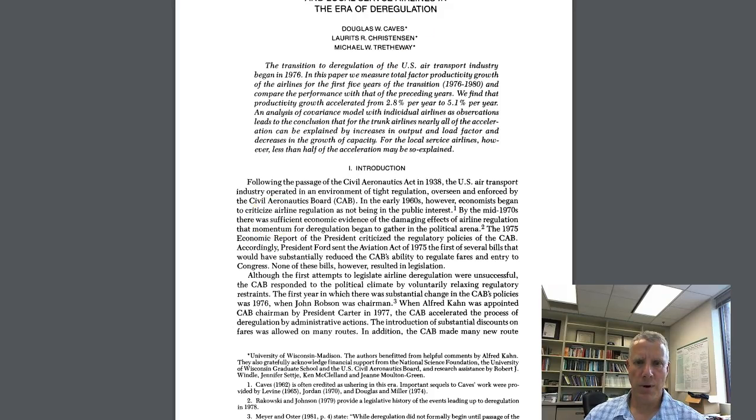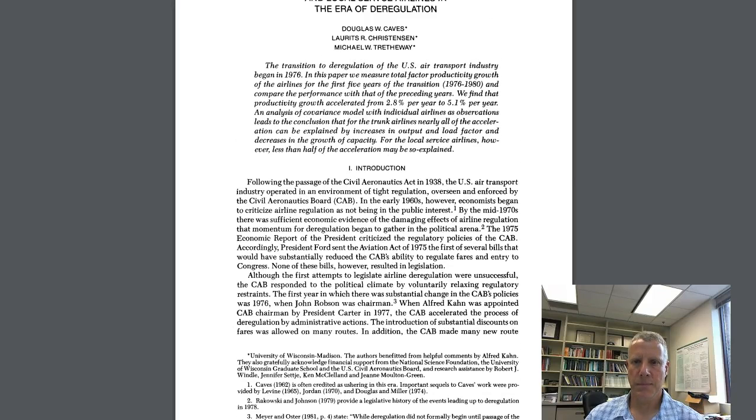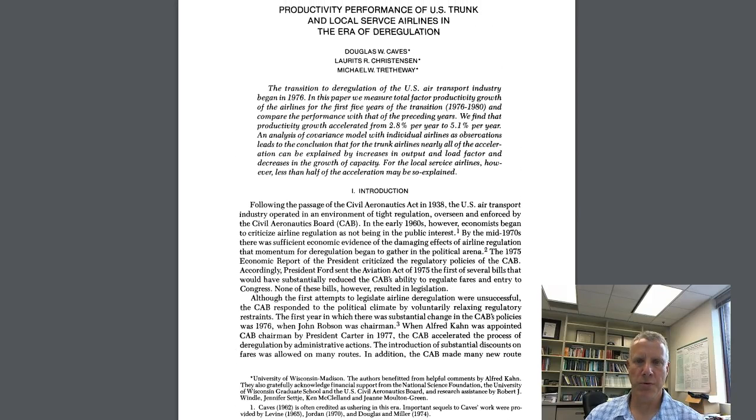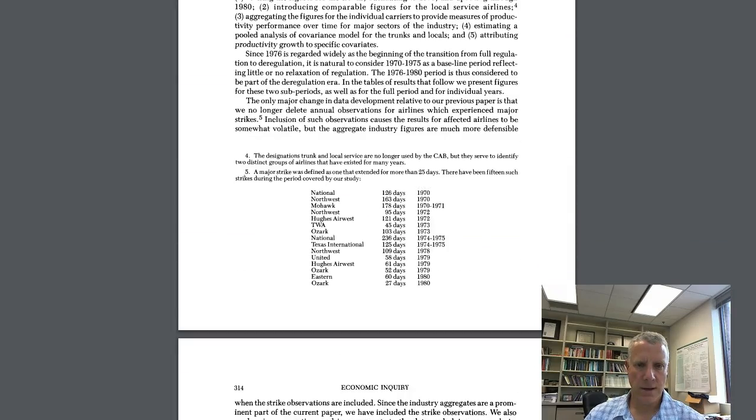So here's the paper where the data is from. It's called Productivity Performance of U.S. Trunk and Local Service Airlines in the Era of Deregulation. Footnote 5 gives you a list of the airlines.